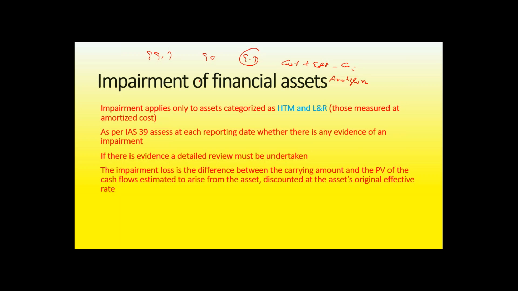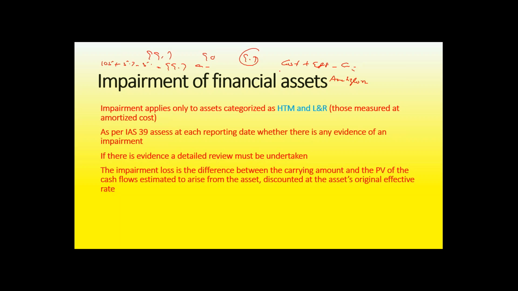So if the carrying value is, I don't know, 100. Originally we had 105, then we added 5.7, we deducted 5 or something like that. We had 99.7, the amortized cost. But that is the 31st month amortized cost.